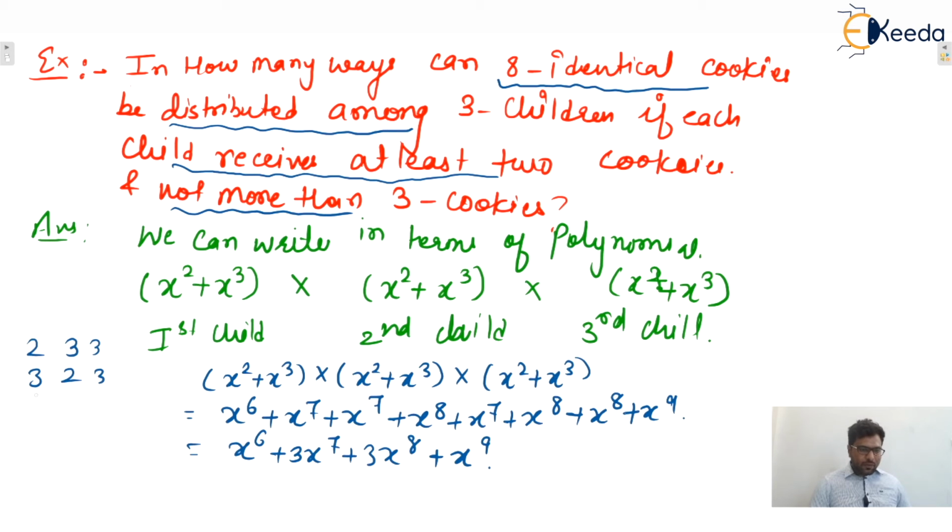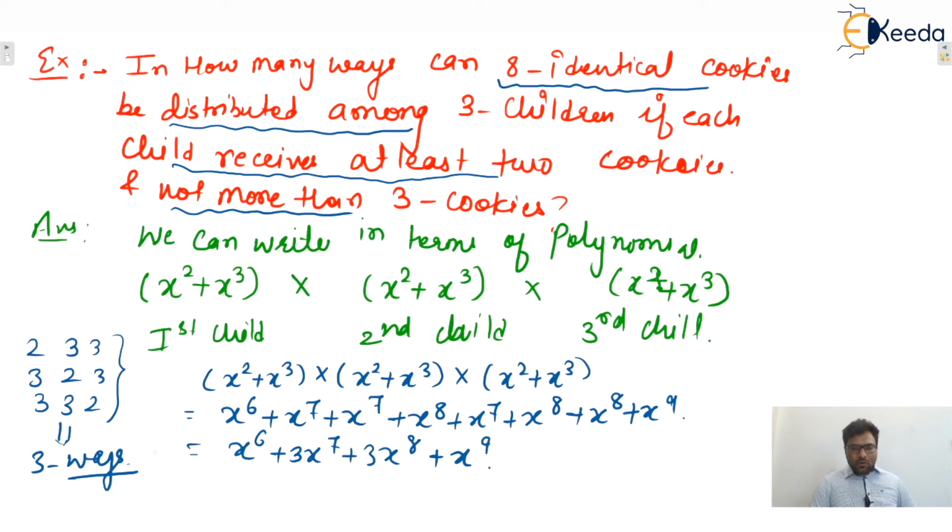One more can be 3, 3, 2. There is no other way of distribution, because minimum is 2 and maximum is 3 and the sum will be 8 only. So 3 ways are possible of distributing 8 identical cookies according to the given condition.